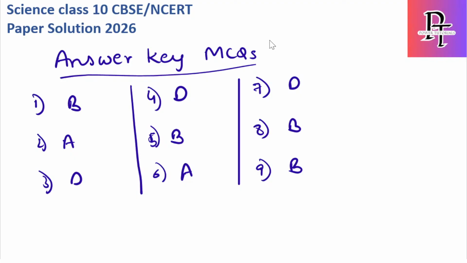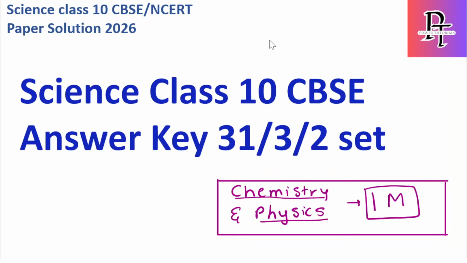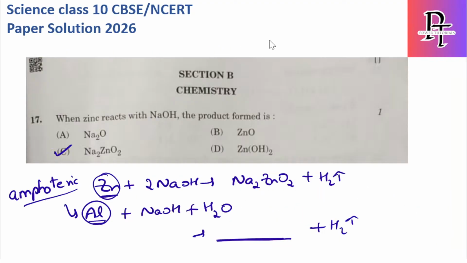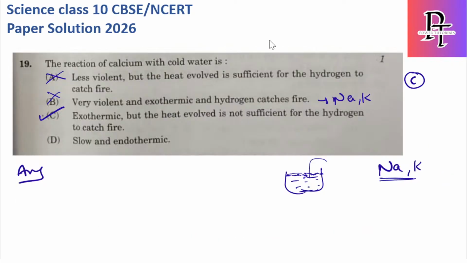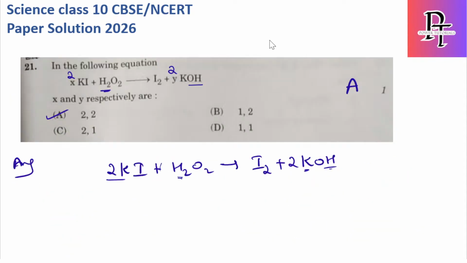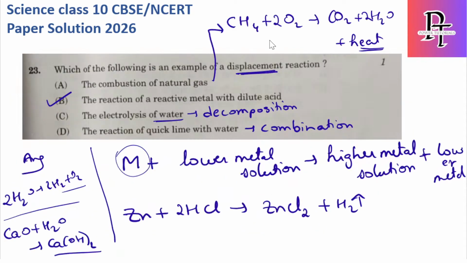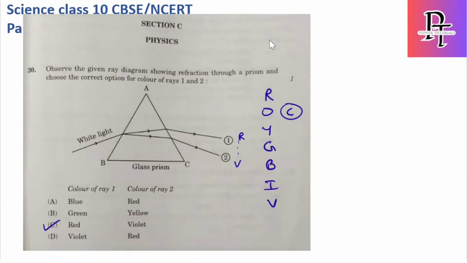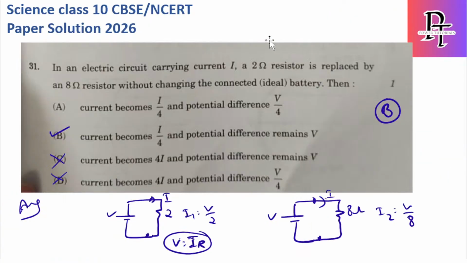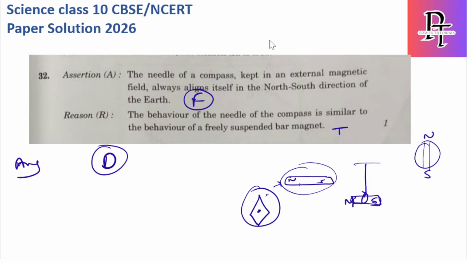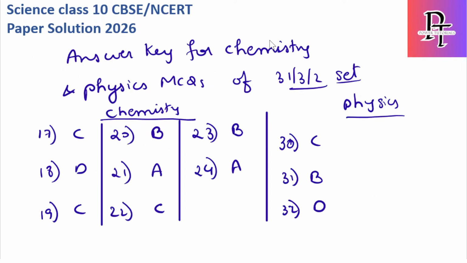This is the answer key for biology MCQs, and then I have made separate videos on chemistry and physics MCQs, because altogether I think around 11 are there. Chemistry has 8 MCQs and for physics we have 3 MCQs. So this is the answer key for 31/3/2 set.